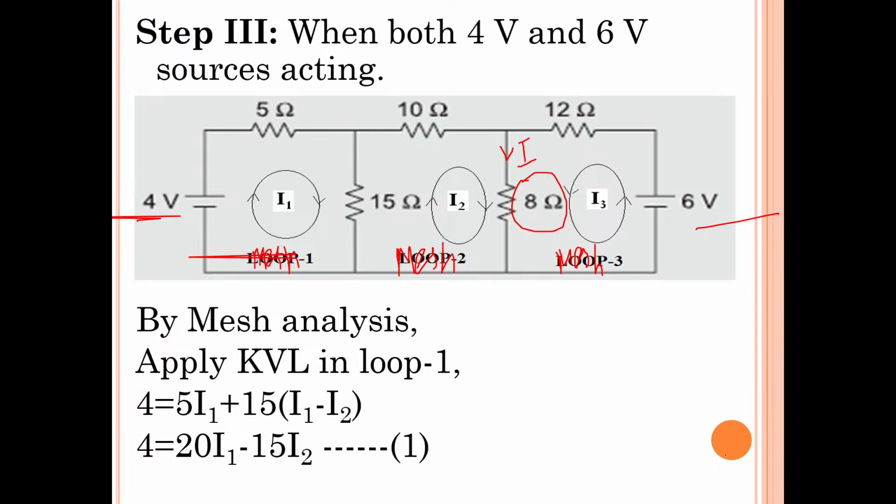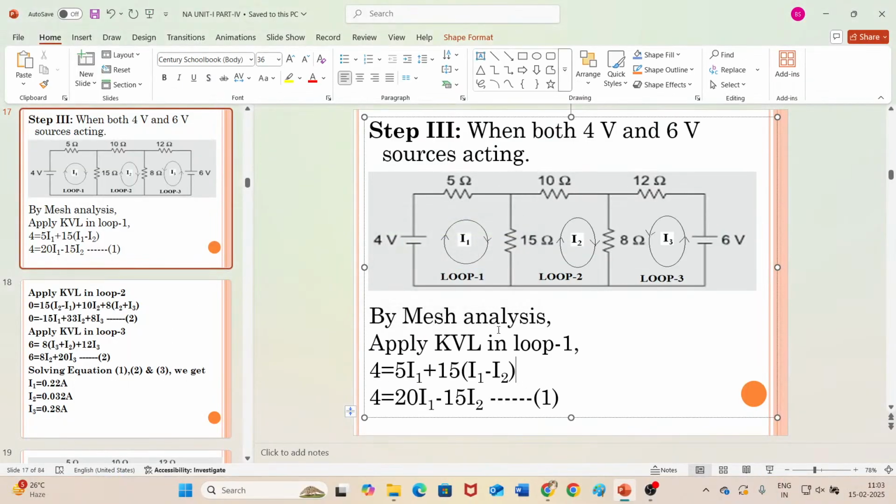Okay then, I hope you have completed this circuit diagram. So let us see. Let us consider loop 1. I have mentioned here loop 1; I will write mesh 1. I don't want this loop. Let us consider mesh 1.